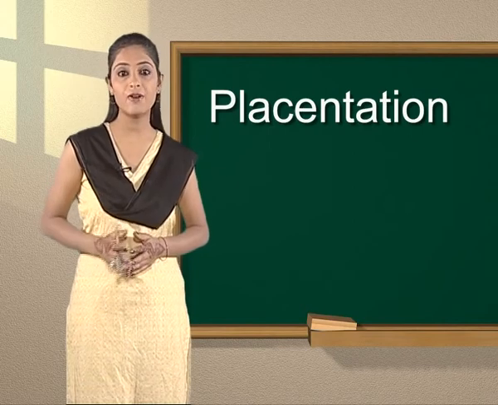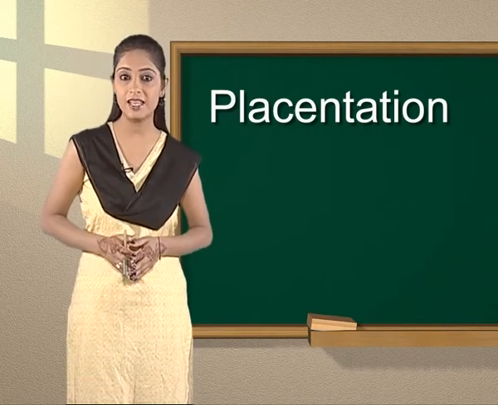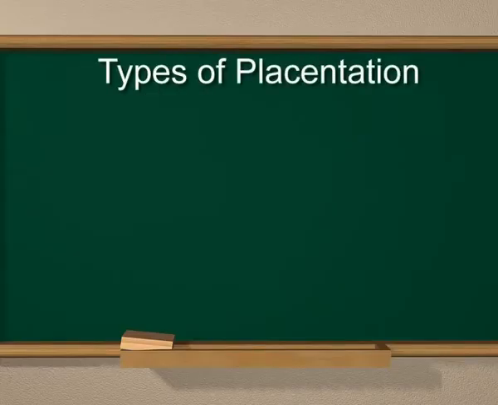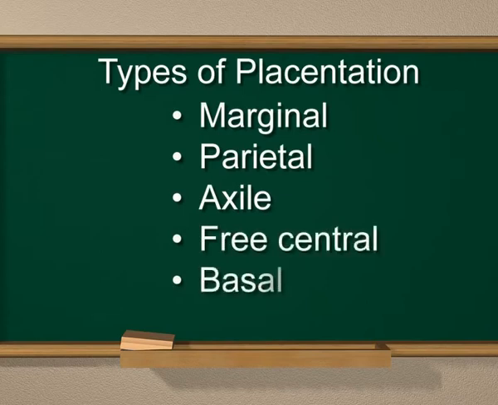Different patterns of ovule attachment or placentation can be found among plants, and hence placentation is classified into different types. Types of placentation are marginal, parietal, axile, free central, basal and superficial.